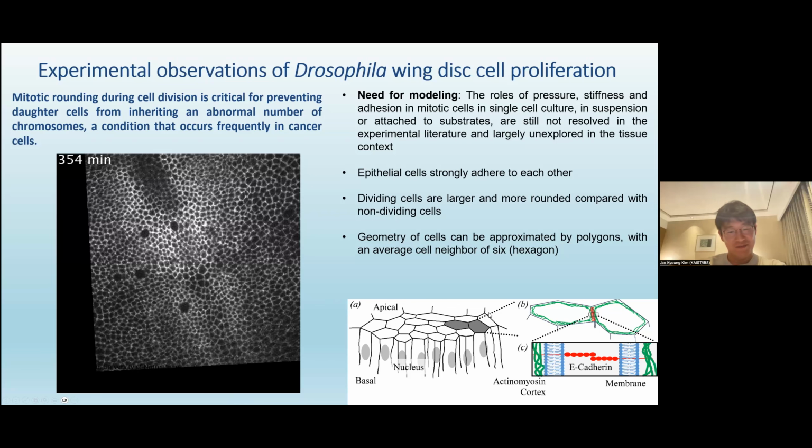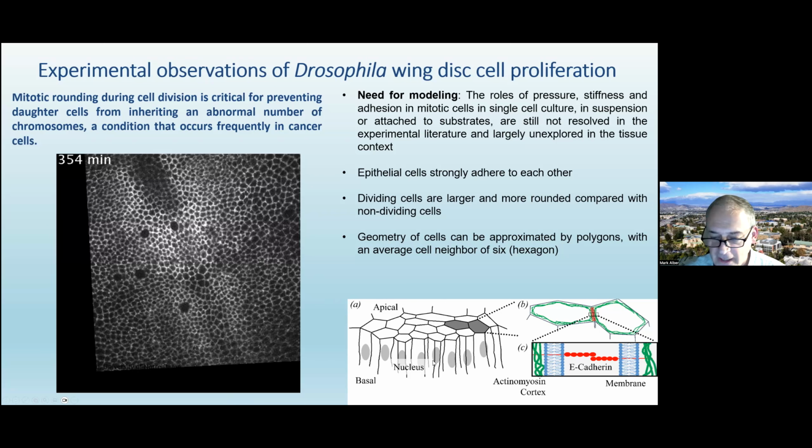So you see this apical view, that's what this movie on the left is all about. But underneath, you don't see it. These cells are very elongated, and nuclei go up when a cell needs to divide. Because if it sits in the middle somewhere, there's too much pressure coming from neighboring cells. It cannot divide.